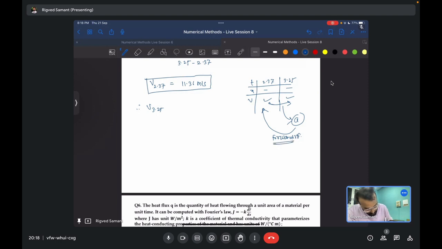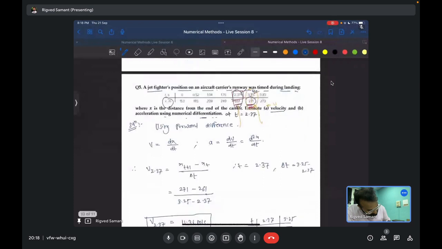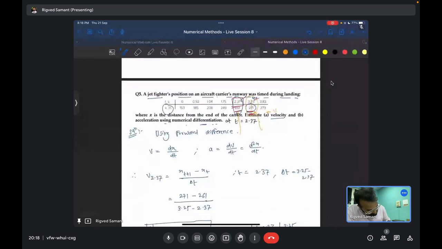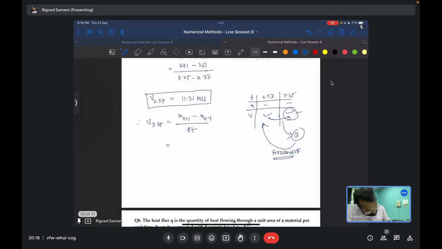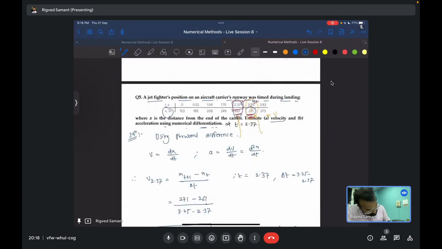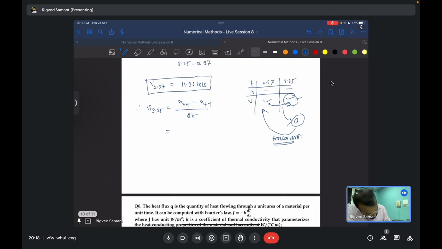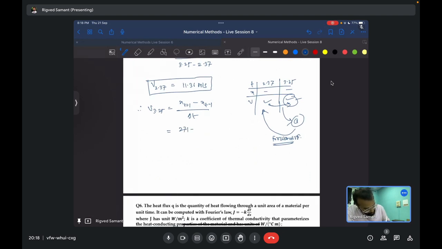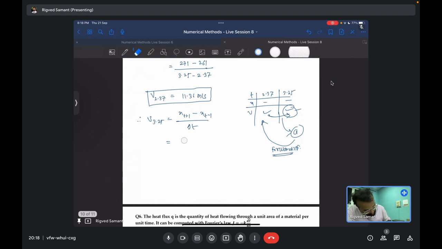So first you have to calculate this value. That's what I am calculating. V at 3.25 is nothing but x of t plus 1 minus x of t divided by delta t.